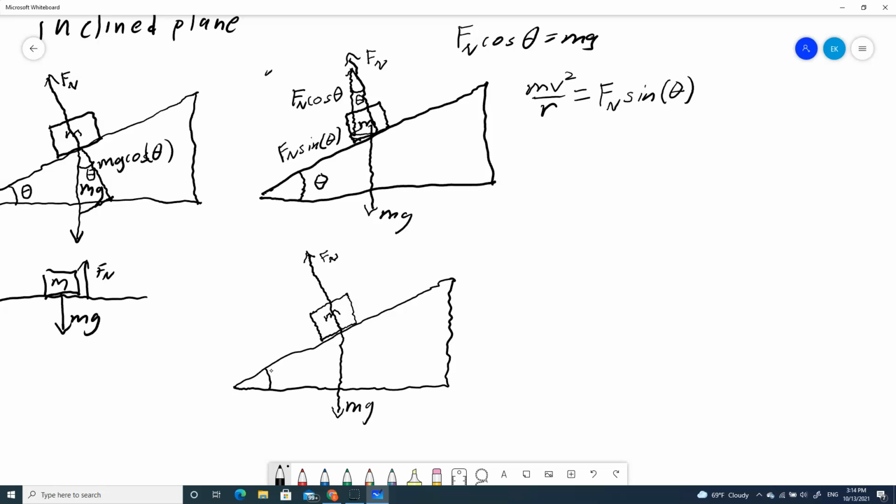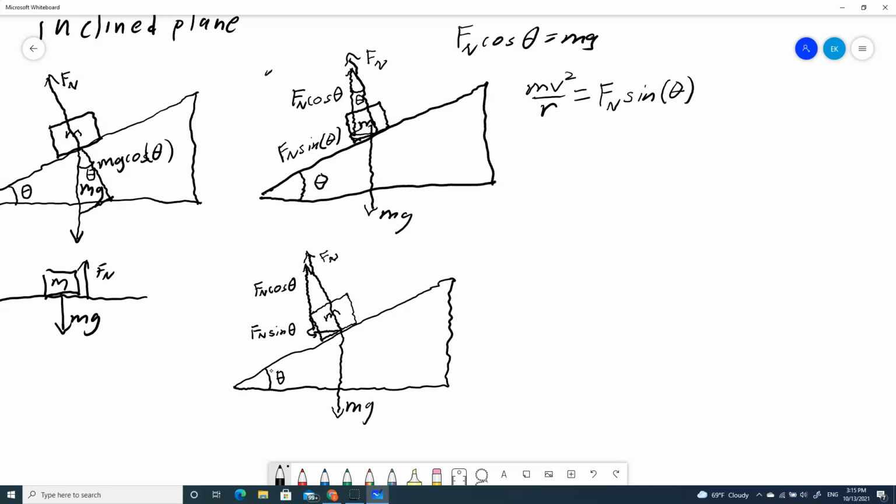Again, we have our theta right here. Again, we have the components of F_N. So F_N has this horizontal component, which is going to be F_N sine theta. It has its vertical component, which is going to be F_N cosine theta.